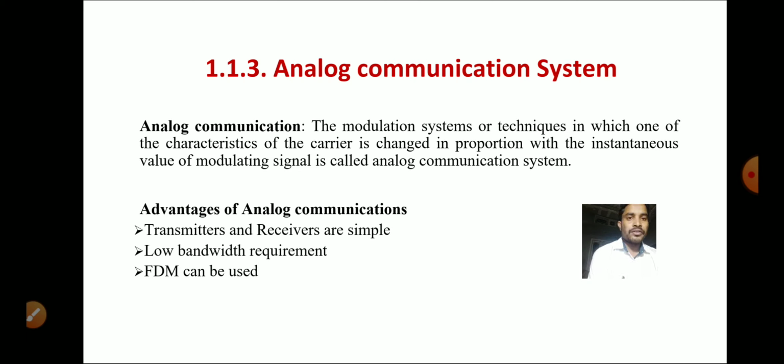Now, what are the advantages of analog communication? There are basically three advantages of analog communication systems. One is that the transmitter and receiver are very simple. Second, the bandwidth requirement is very low or minimum. Third, FDM, that is frequency division multiplexing, can be used in analog communication systems.